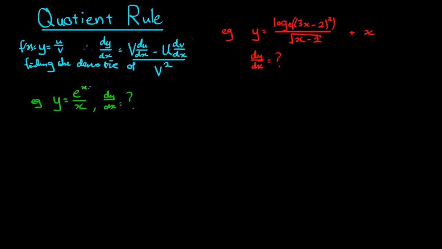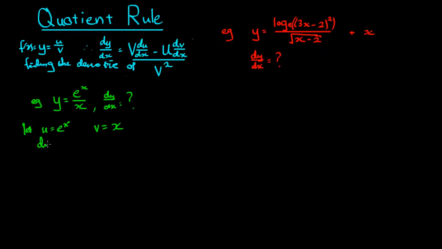We have y is equal to e to the x on x, and that looks a lot like this, u on v. So the first thing we do is say, let u equal e to the x, and v equal x. And then we say below that, to fill in this formula here, we need both u and v, and du dx and dv dx.